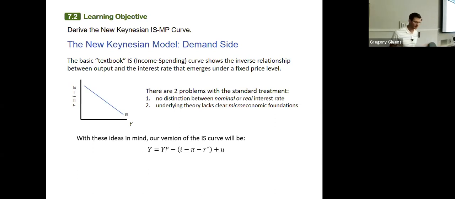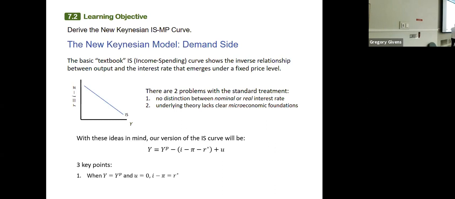The IS equation relates basically the output gap to deviations of the real interest rate from the equilibrium real interest rate, R star, plus a demand shock. And we saw that there were 3 key points here.